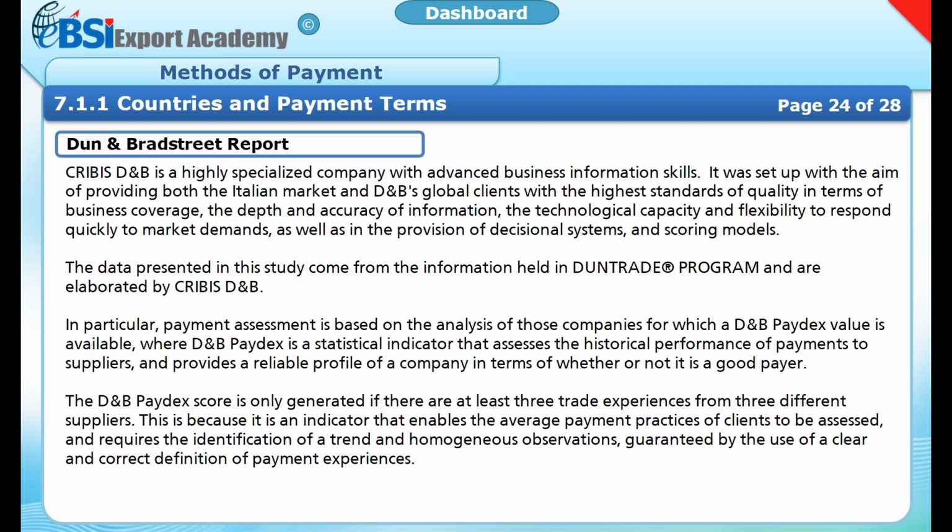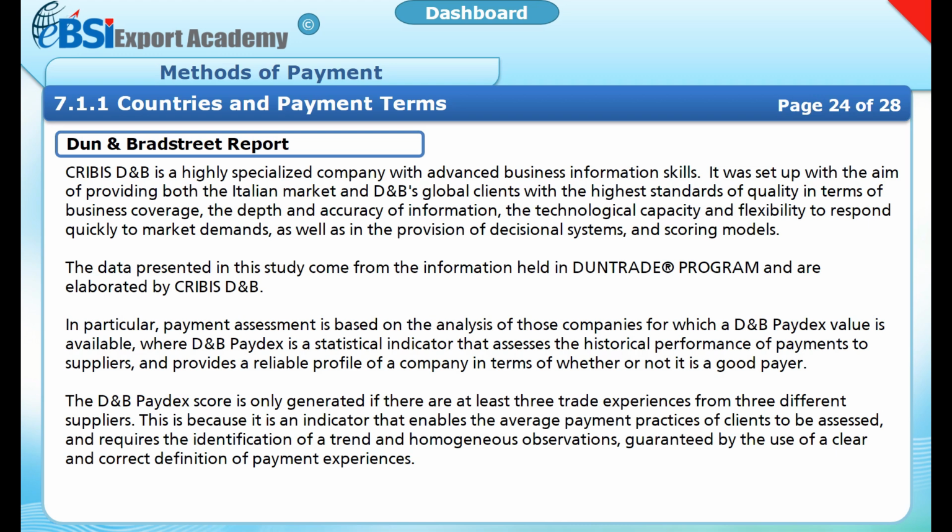In particular, payment assessment is based on the analysis of those companies for which a D&B Paydex value is available, where D&B Paydex is a statistical indicator that assesses the historical performance of payments to suppliers and provides a reliable profile of a company in terms of whether or not it is a good payer. The D&B Paydex score is only generated if there are at least 3 trade experiences from 3 different suppliers.